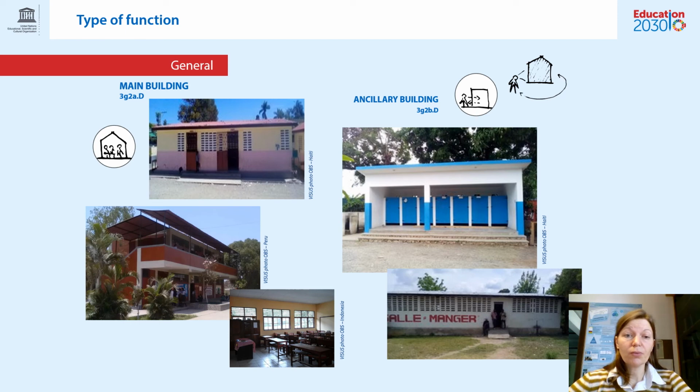Just to show you, these pictures are acquired during different VISUS pilot projects all over the world concerning main buildings where school activities are performed, classrooms, and so on. These are pictures of ancillary buildings. In this there are toilets, and in this there is a canteen.